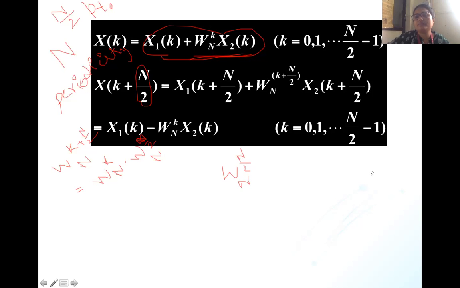We know the value of W suffix N. What is the value of W suffix N? We have seen it in the linear transformation of DFT values.